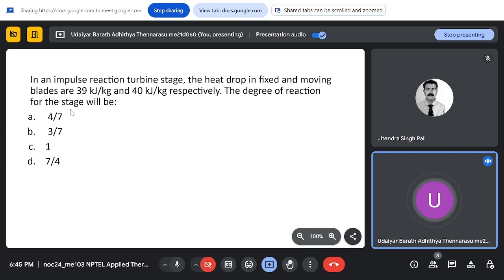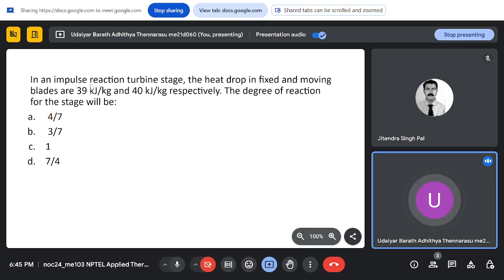They are given how much the heat drop is across the moving blade and the fixed blade. We need to find out the degree of reaction. So degree of reaction is nothing but your drop across the moving blade divided by the total drop. So here it will be 40 divided by 40 plus 39.